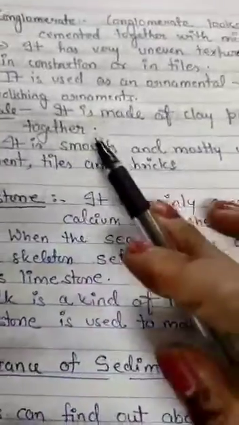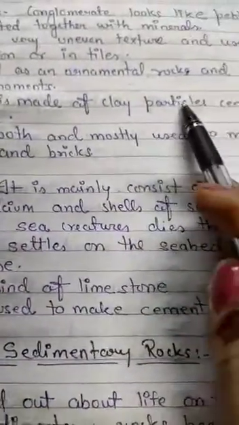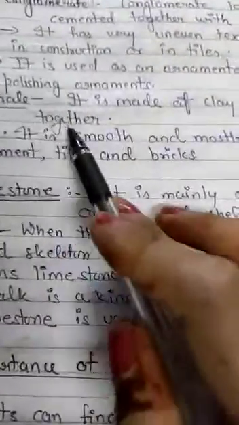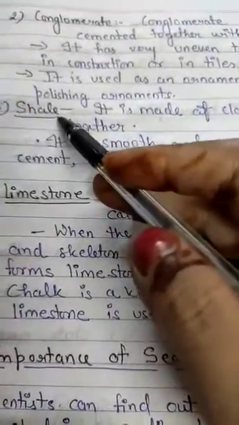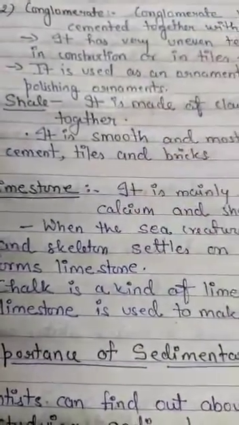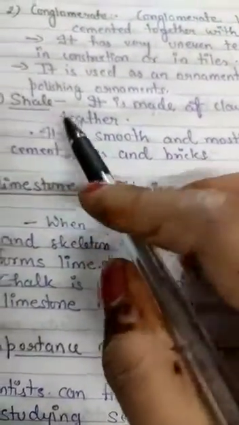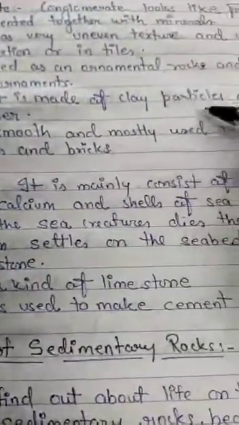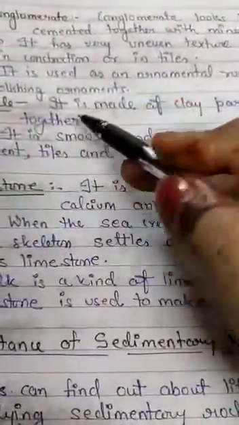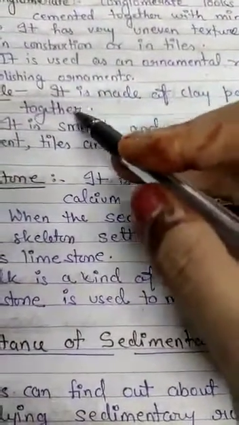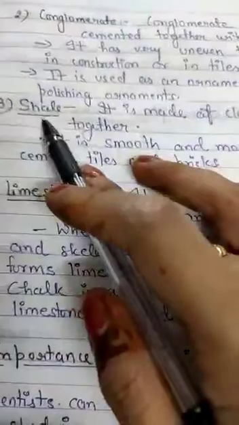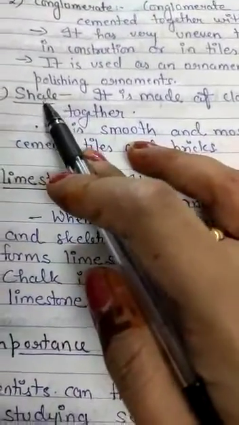Now shale. Shale is made of clay particles cemented together. Clay is a kind of soil which is very smooth. So when clay particles are joined together, they form the rock that is called shale.